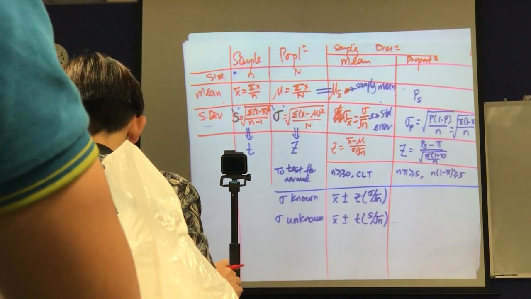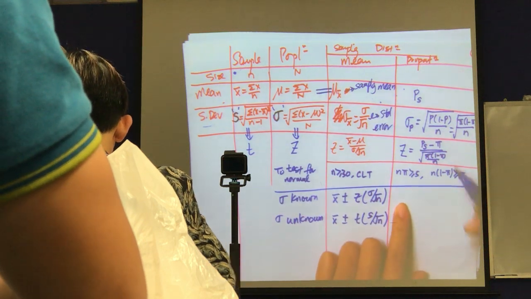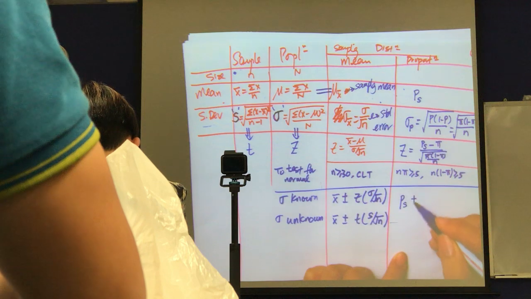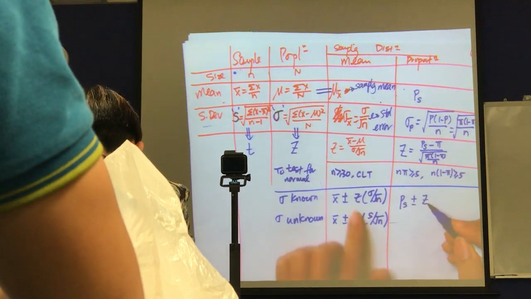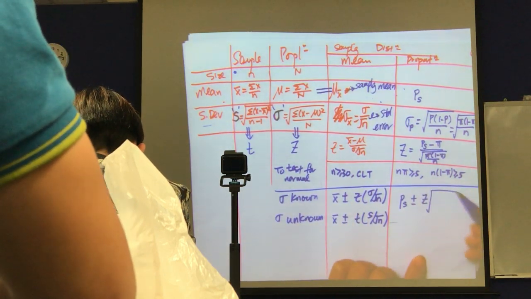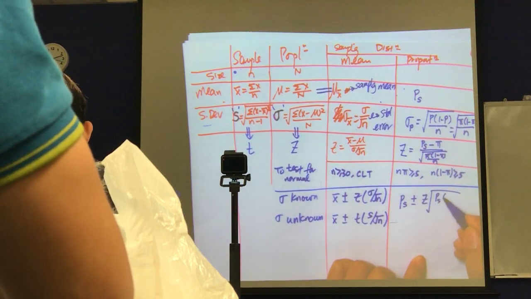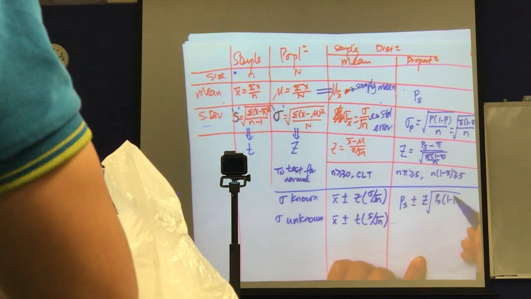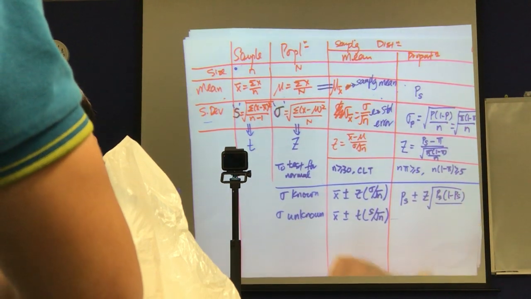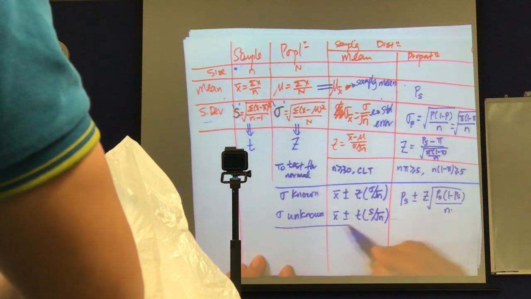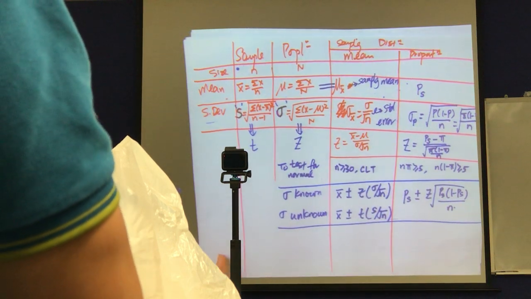Then how about here? If it's a proportion, it will be sample proportion plus minus z, the same as that here. This one here is the sample proportion times 1 minus the sample proportion, because we don't have the population proportion, over n.